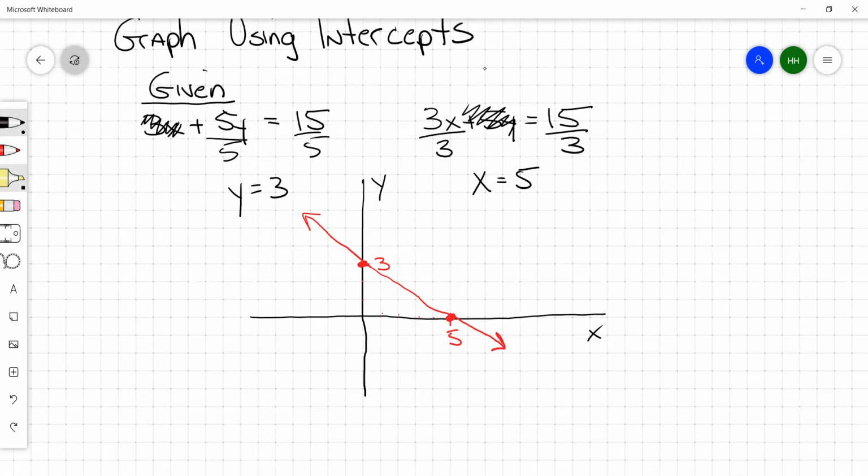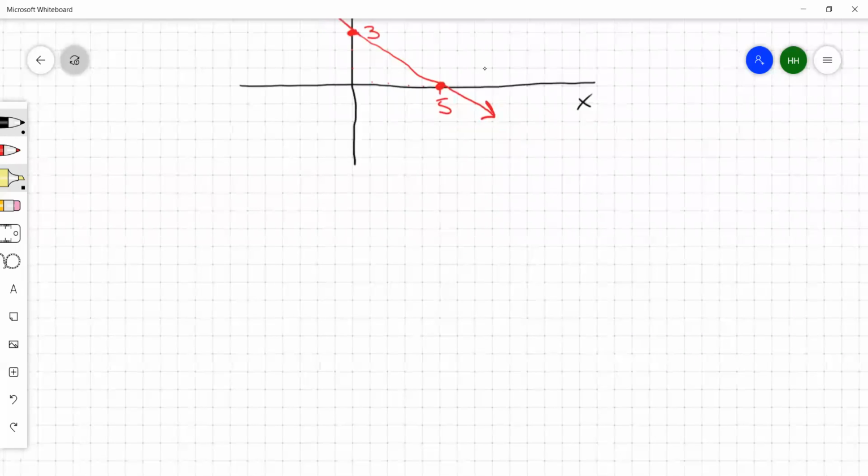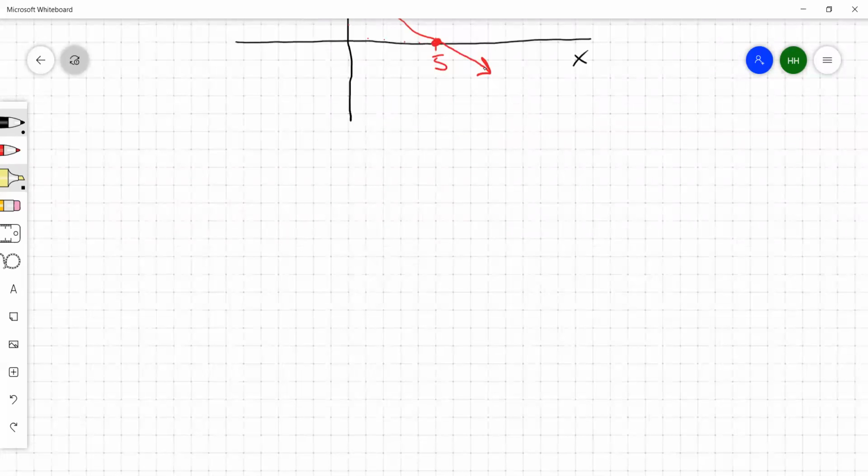Let's do one more. Let's say now we're given 2x minus 4y is equal to 8. If 2x minus 4y is equal to 8, we're going to write it again.